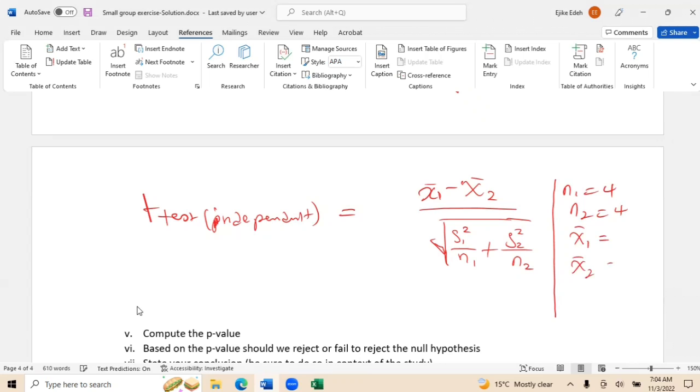X bar 2, we also need to get that. Standard deviation of group 1, and group 2, or the variance rather, we need to get that. I think I will keep it to standard deviation here so that when we are putting it into the formula, we can then do the variance.